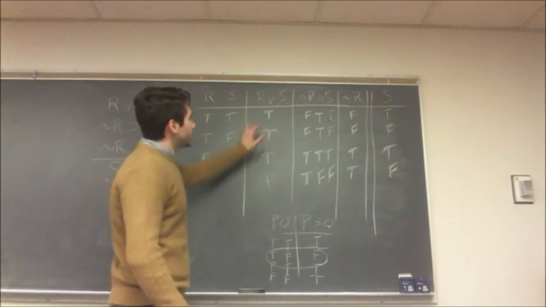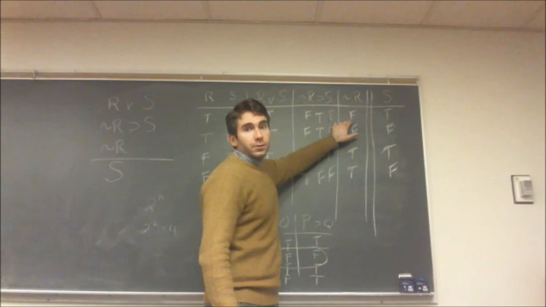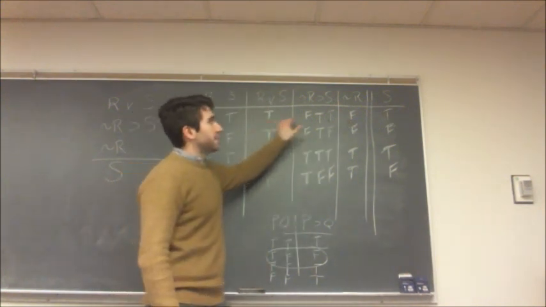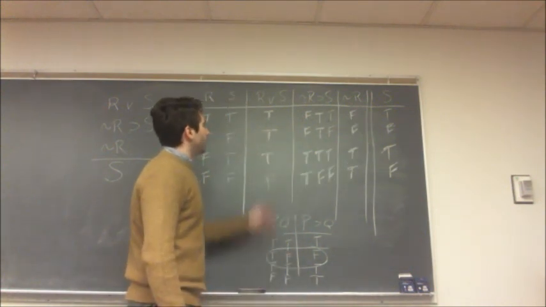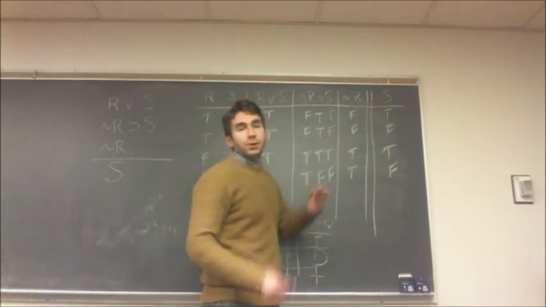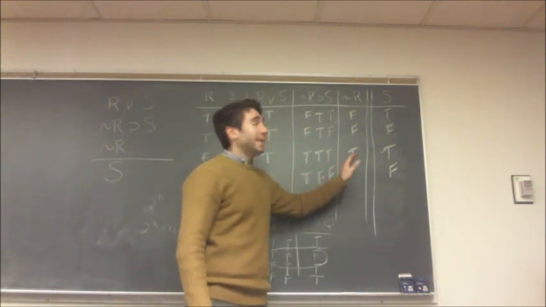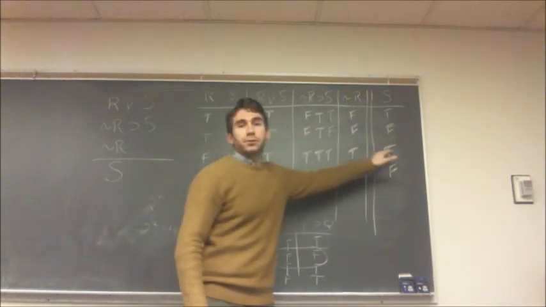Is the first row like that? Well, true, true, false. So not like that, because here it's not the case that all the premises are true, and we need that. What about this case? True, true, false. Nope. True, true, true. Okay, but the conclusion is true, so this isn't a case where the premises are true and the conclusion false at the same time.